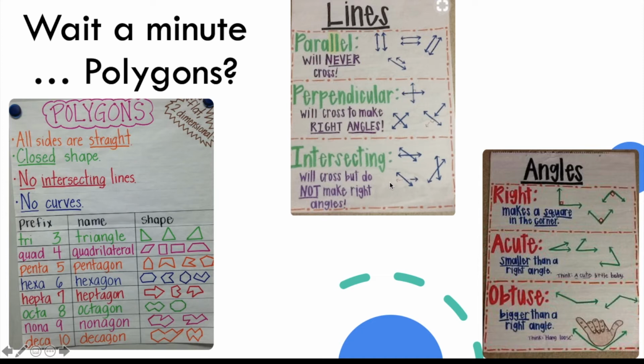And then an intersecting line is a line that crisscrosses, but it doesn't make an L like a perpendicular line does. And then just really quickly to talk about the different angle types, like I said, a right angle is like a square corner. It's perfect. It's an L. It's 90 degrees. An acute angle is an angle that's smaller than a right angle. So it's teeny tiny.